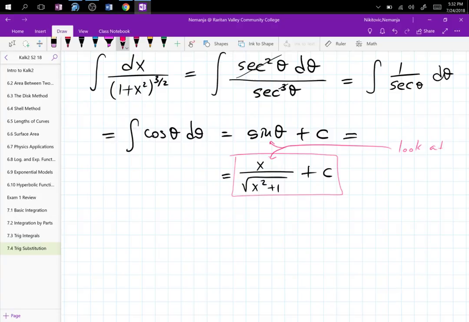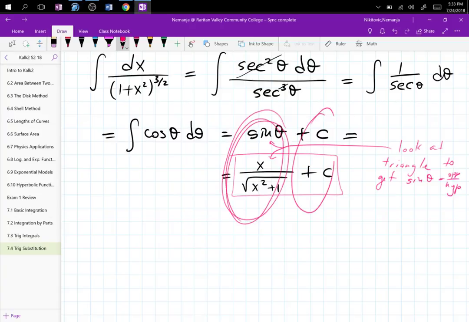Oh, thank you. Look at the picture. Yes, look at the triangle, to get sine theta equals opposite over hypotenuse. And that's what happened. So all of this is sine, and then c is c. Great.